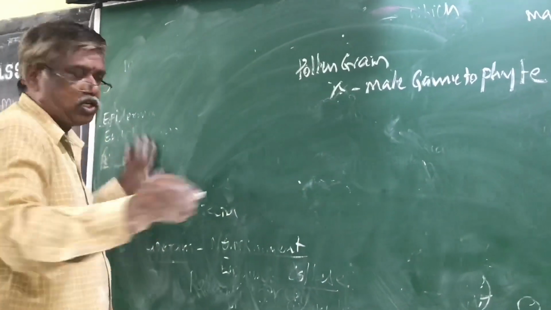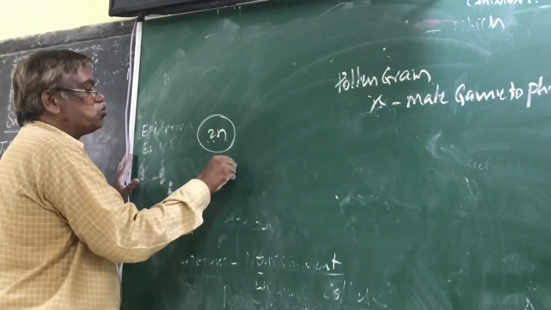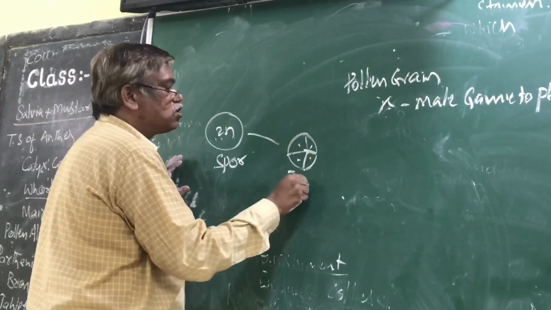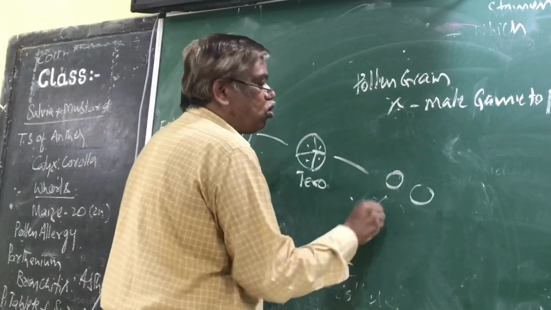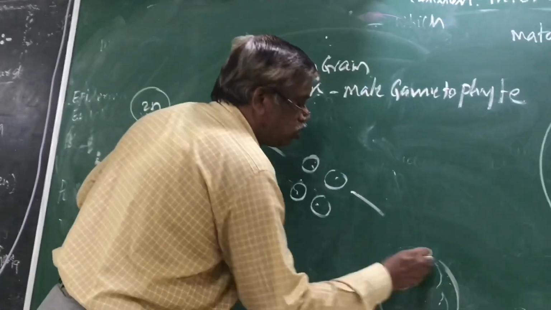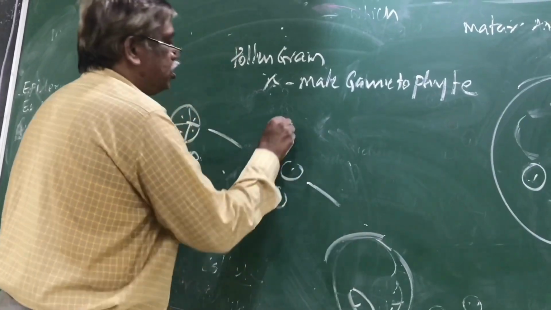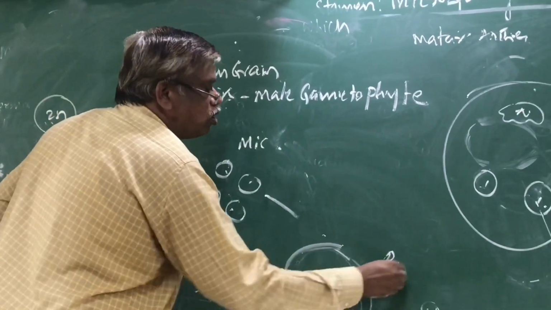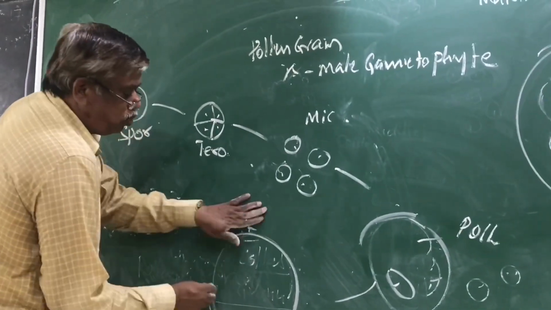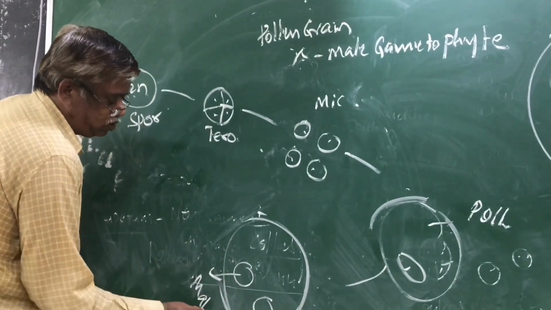Just finally: it is a diploid sporogenous cell, then tetrad, four microspores, then microspores, now pollen grain, and now this is the male gamete.